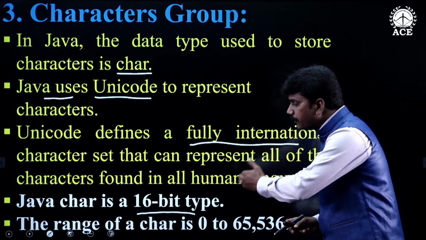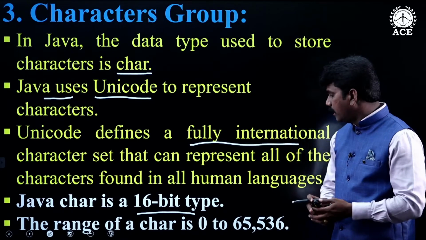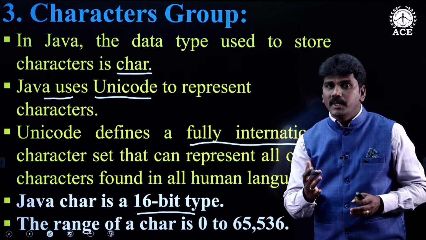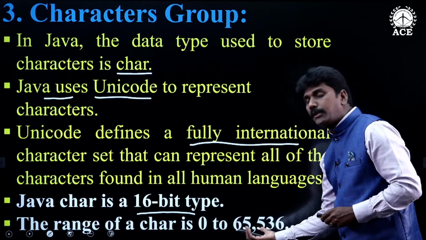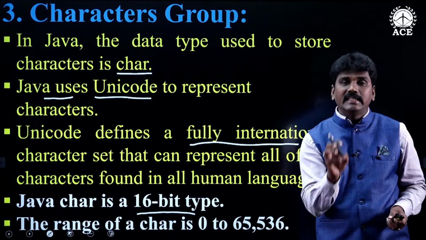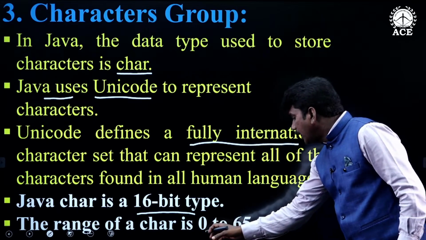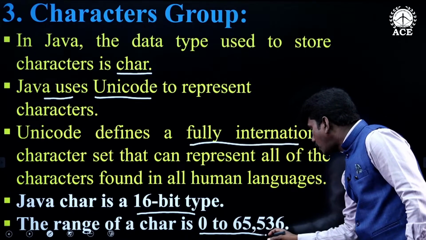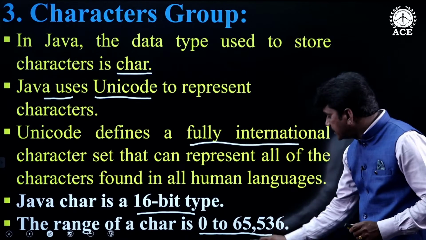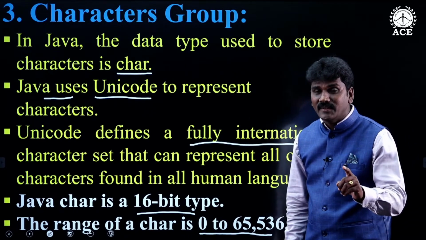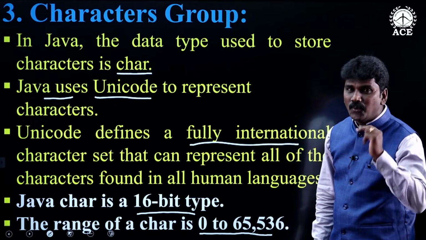Signed means it is a combination of both negative and positive. Whereas a character will not contain any numericals. Each character will have one code, so it has a positive range, 0 to 65,536. The size of character is 2 bytes.